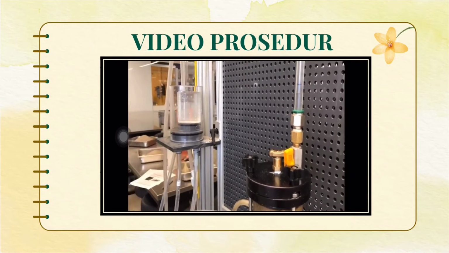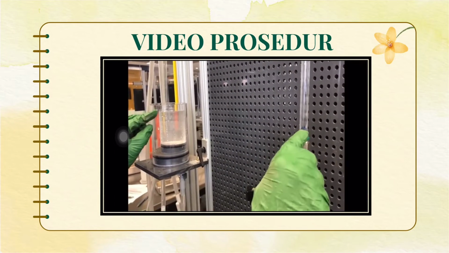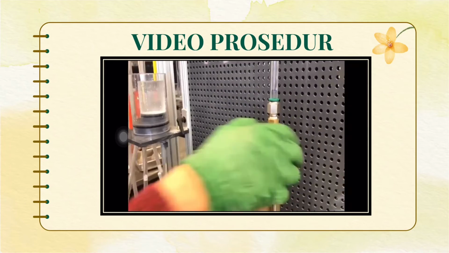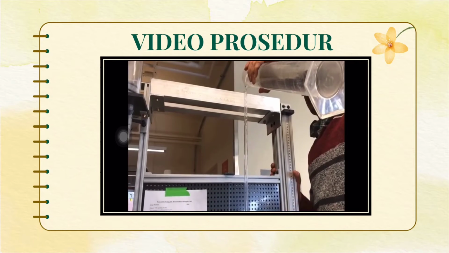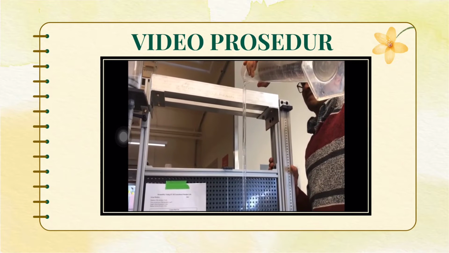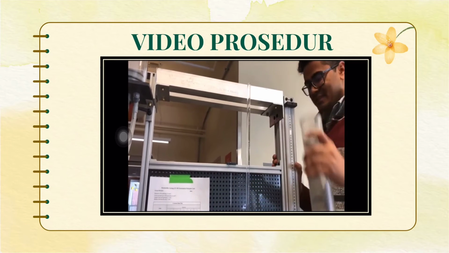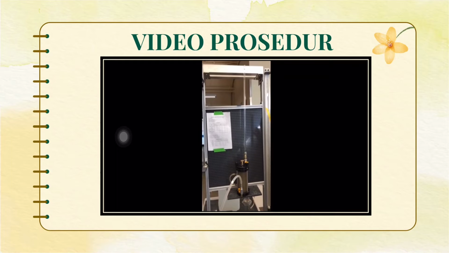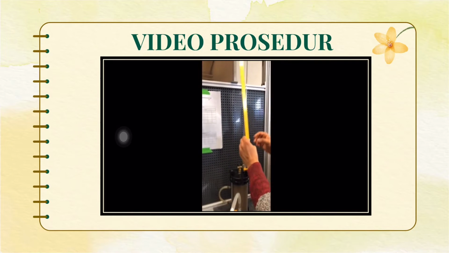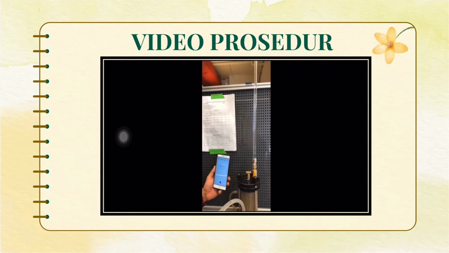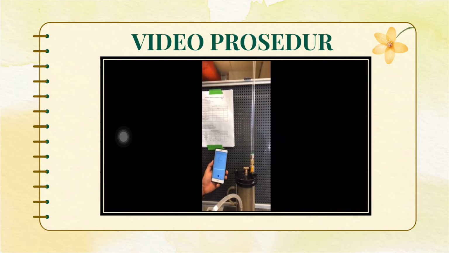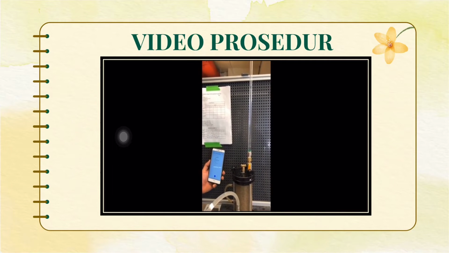Inject air into the standpipe and record the initial height of the water in the vertical pipe tube. And finally, open the valve and let the water flow to the permeability cell for a certain period of time and measure the final height of the water in the vertical pipe tube.